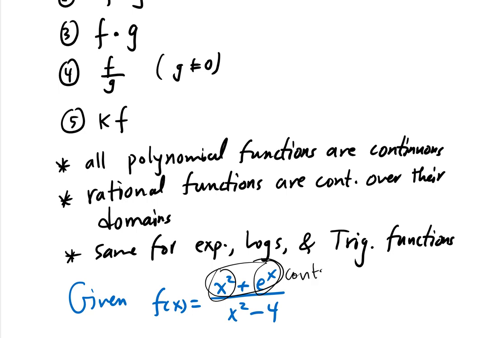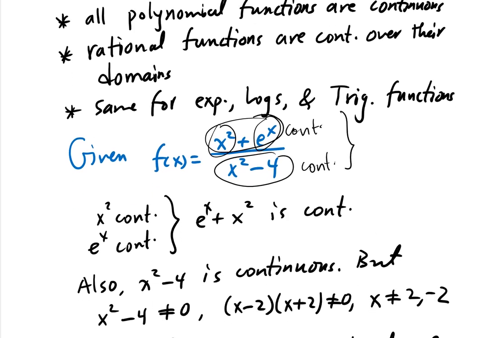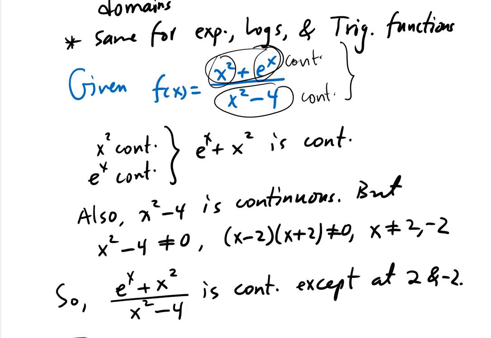The bottom one, the x squared minus 4, is a polynomial function. This is also continuous. Therefore, their quotient is also continuous. So x squared is continuous, e to the x is continuous, their sum is continuous. The denominator is zero at 2 and negative 2. Therefore, this function is continuous everywhere except at 2 and negative 2.